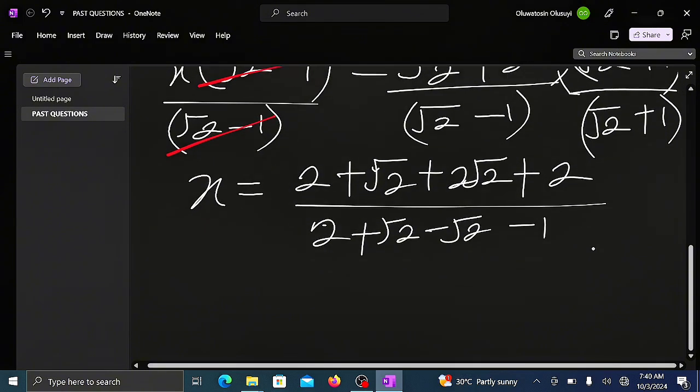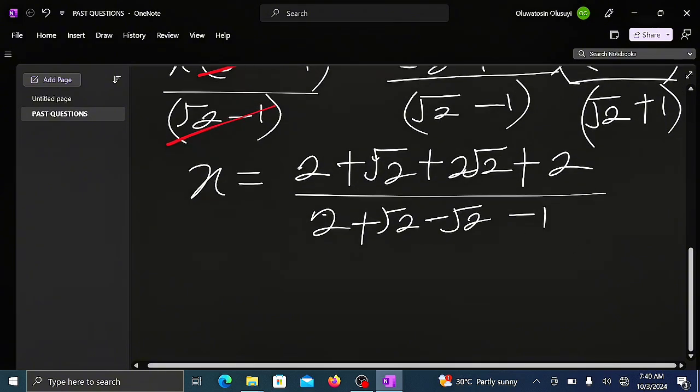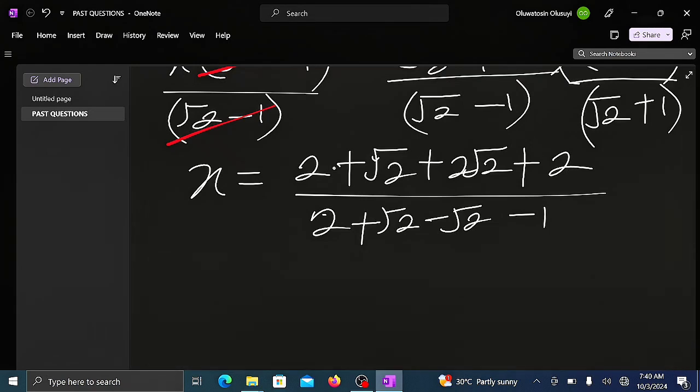So what do we have now? Collect terms. We have 2 plus 2 here, we have 4. And we have root 2 plus 2 root 2. This one means 1 root 2, plus 2 of that same root 2. How many root 2 do we have? We are going to be having 3.